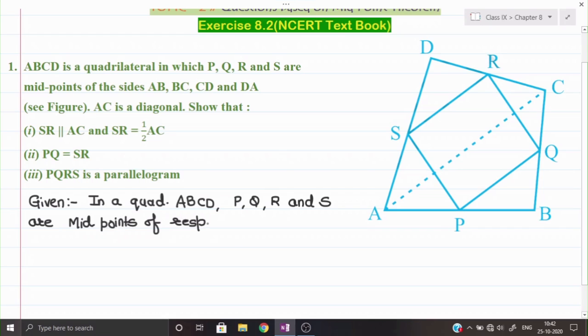With the help of the figure it is clear which sides they are midpoints of, so we can simply write respective sides.